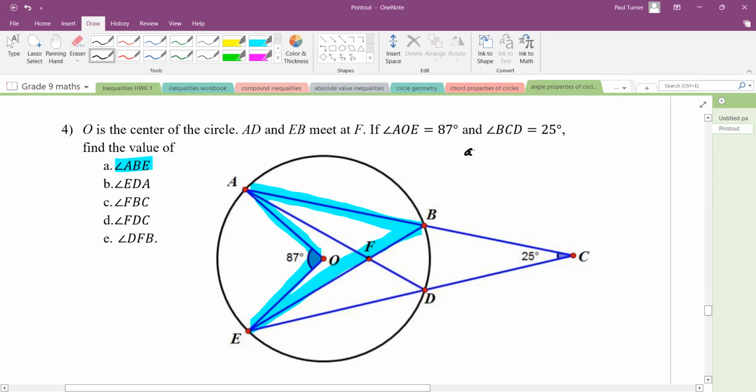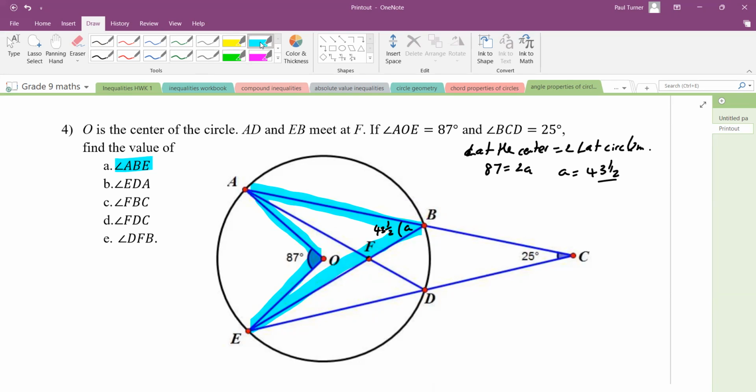So angle at the center equals 2 times angle at circumference. So angle at the center is 87. 2 times angle at circumference, so let's just call that A. So that would be 2A. So A then is going to be 43.5. Okay, so this angle here is 43.5.